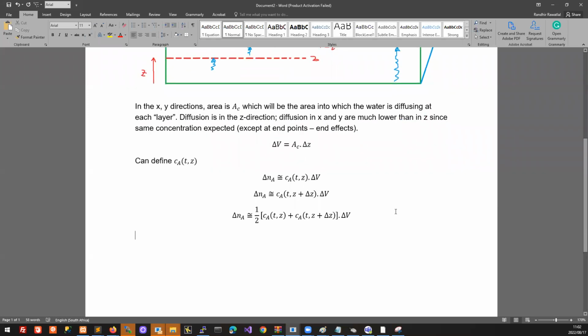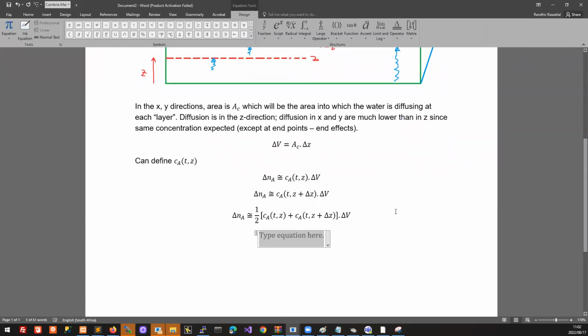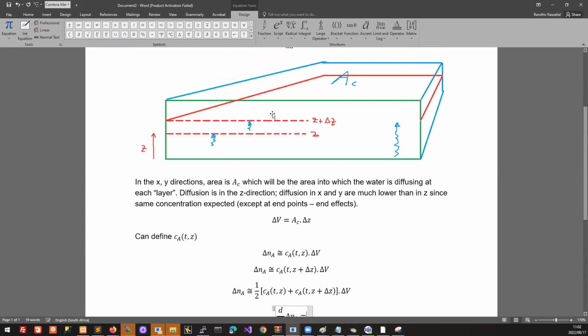So we can say that there is a rate of change of delta Na. So we can say d dt of the number of moles in the space, which is delta Na, that's going to equal... So now we are talking about inside the space here, right?